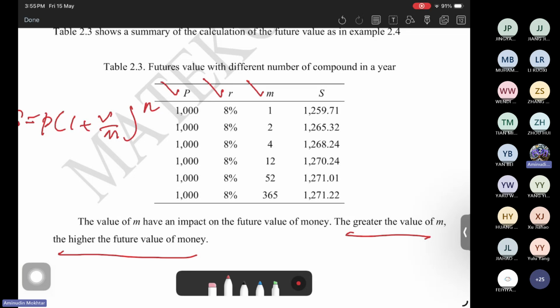N is just a number, the number of compounding periods. In other words, the number of compounding periods will affect the future value of money.